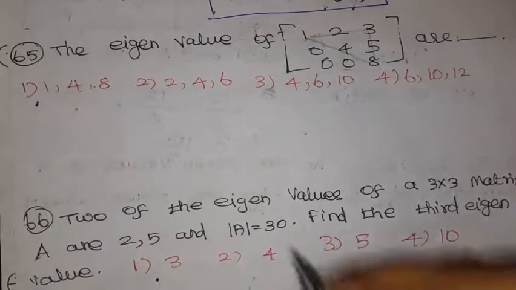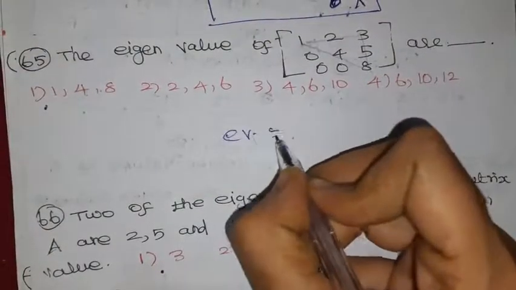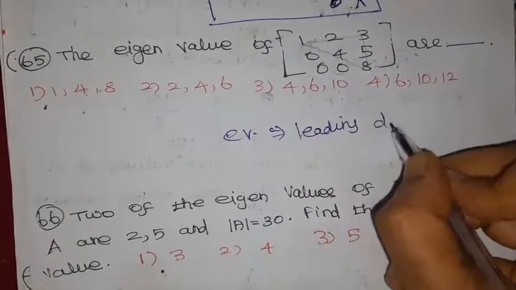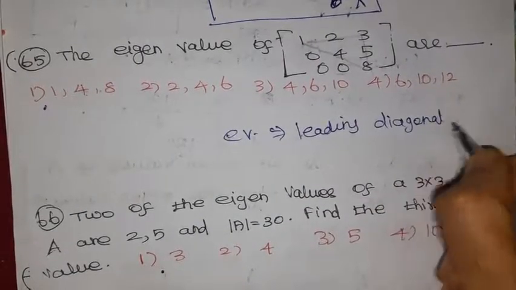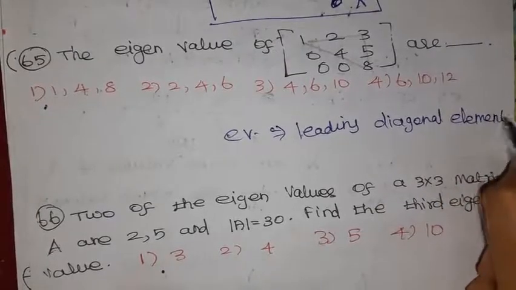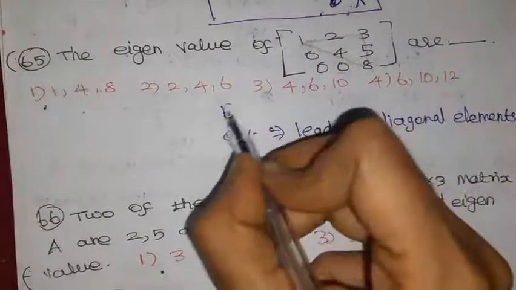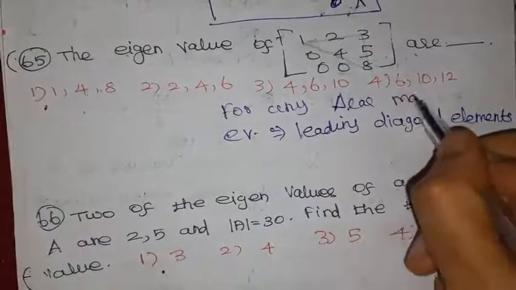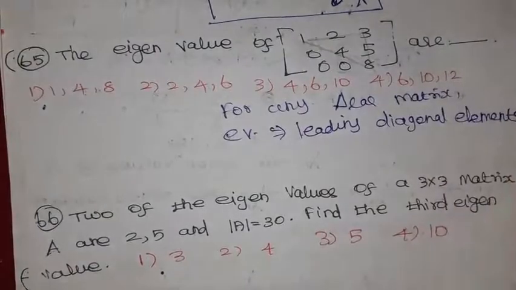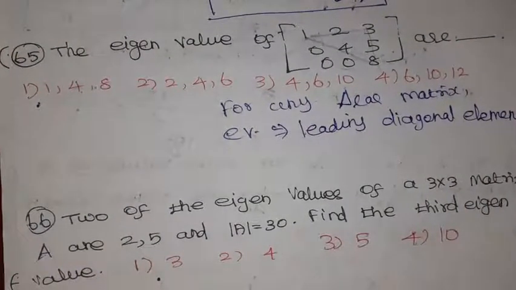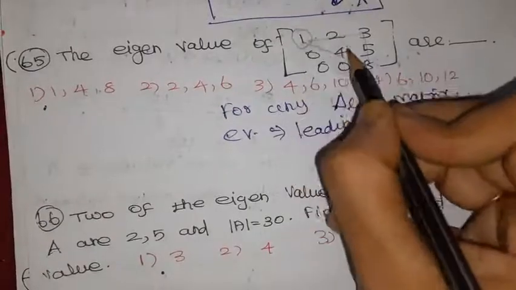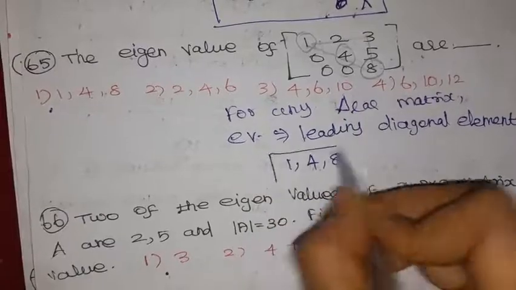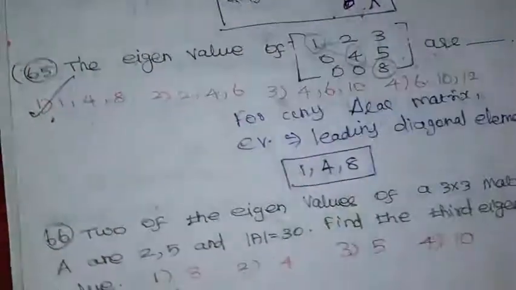For any triangular matrix, upper or lower, what are the eigenvalues? It is nothing but the leading diagonal elements. What is that? 1, 4, 8. So, this is the answer, option 1.